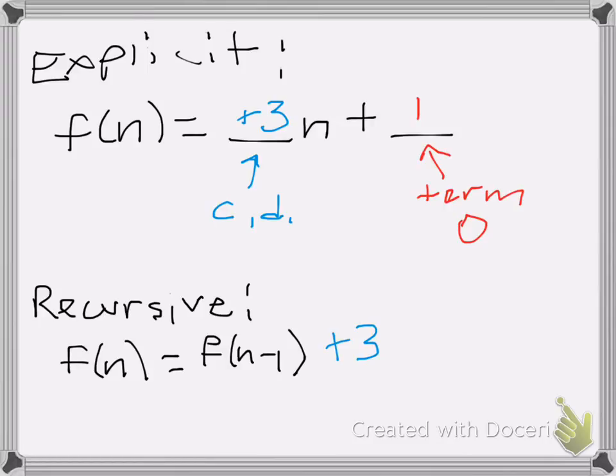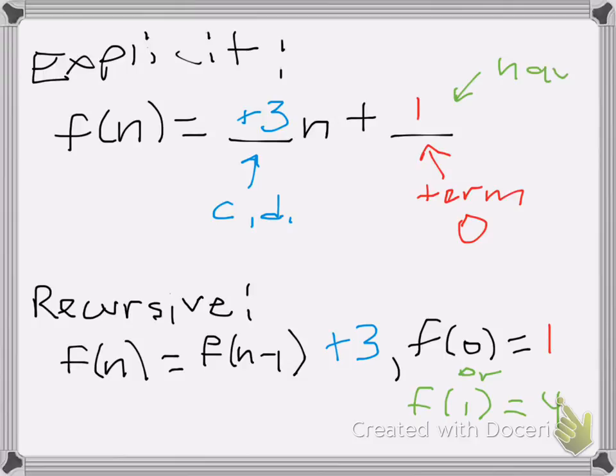And then we have to give it a starting point, so we're going to say that we started with 1 square. Let's put a 1 right there. You can also, as a separate example, have put in here that my first term was 4. This one doesn't have to be an f of 0. For the explicit you have to use the term 0. Okay? Down here for the recursive, you have a choice.